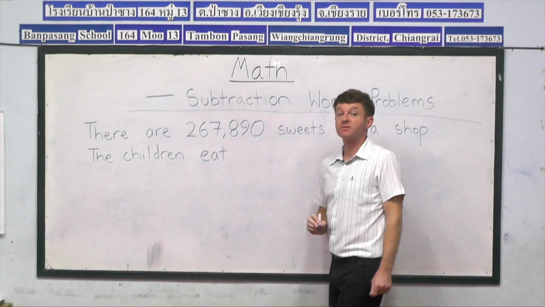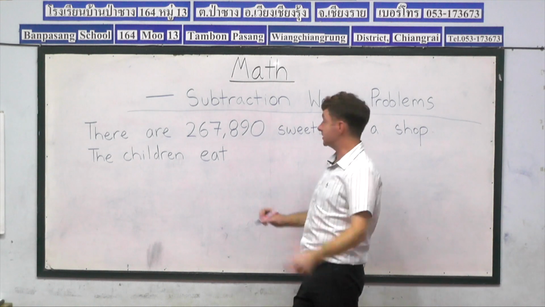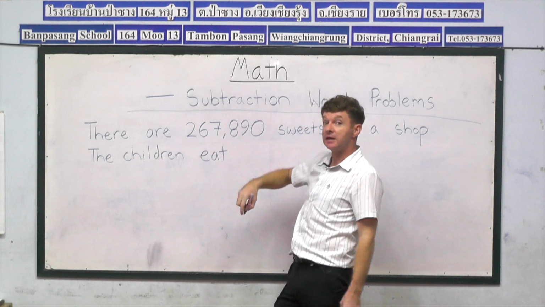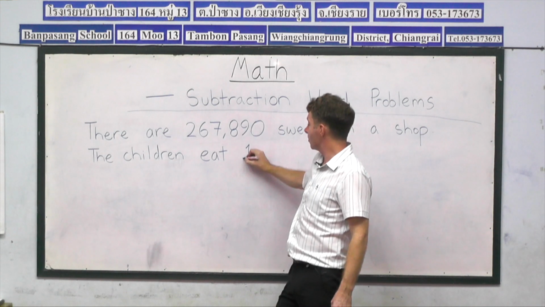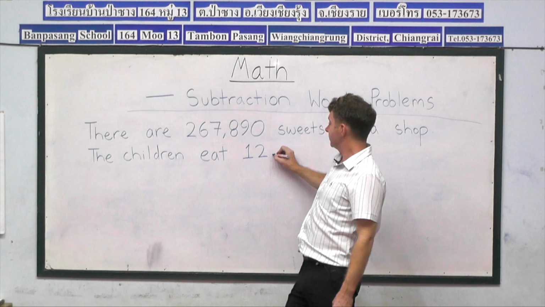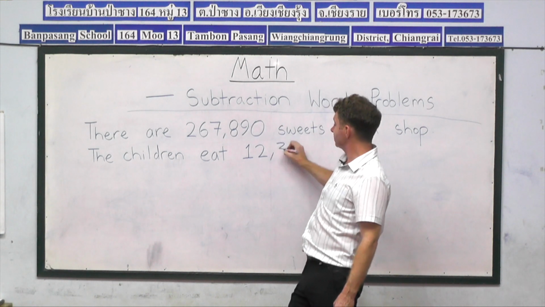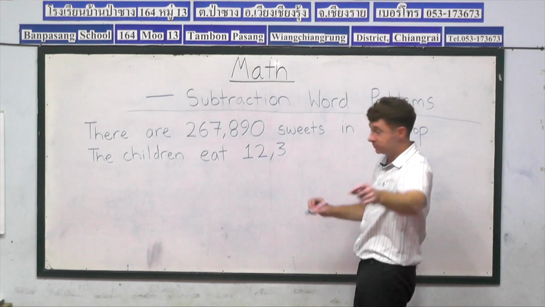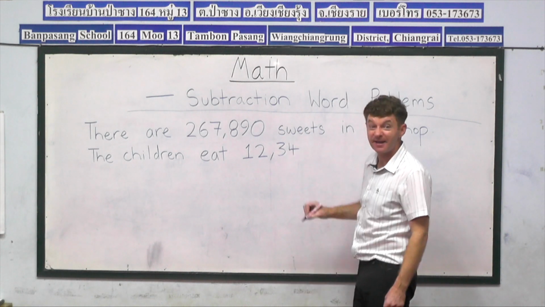Okay, now numbers time again. 1, yes, 1 is good because we've got 2 as the number to take away, so we need the number less. 1, 2. This time we will do 5 digits. 1, 2, 3, 4, 5.